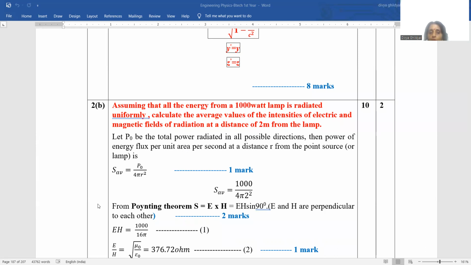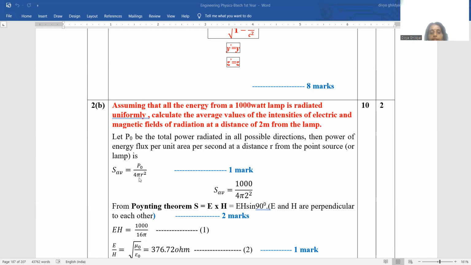We know from Poynting theorem that, let P naught be the total power radiated, and then the energy will be given by P upon A, that is area. Now this is a lamp which is radiating uniformly. Hence, I will take it in the form that the light emitted is coming in the form of a circle.